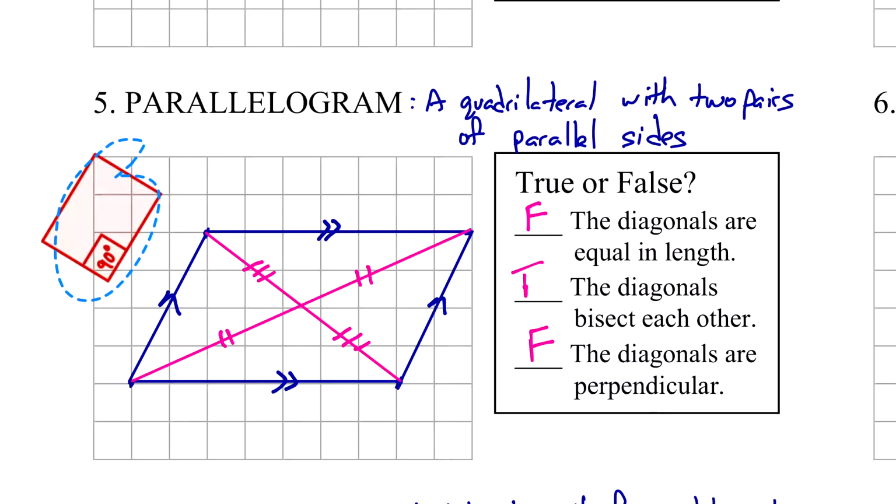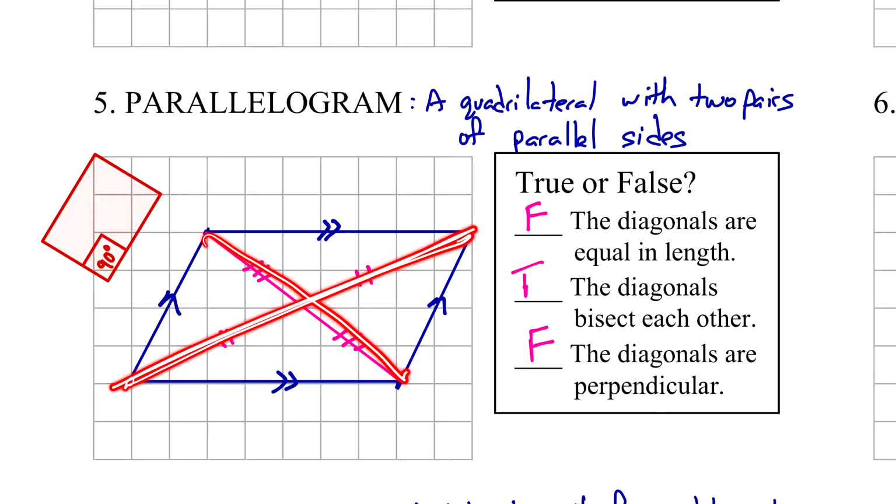This one, most common error, this has actually been on a test, and most people will say that they are equal in length. Just the way it looks, sometimes if you look at it quickly, you're like, yeah, those look like the same length. But this one is actually longer than this one. Right, so be careful there.